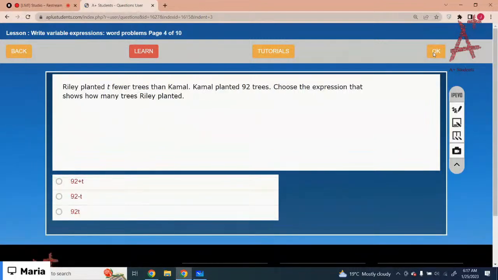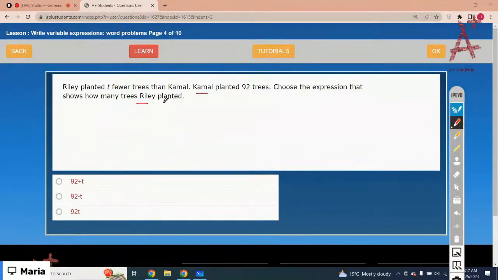The next one is Relay planted T fewer trees than Kamal. Kamal planted 92 trees. Choose the expression that shows how many trees Relay planted. So Kamal planted 92. Relay planted T fewer than Kamal, so it would be 92 minus T. Isn't it?